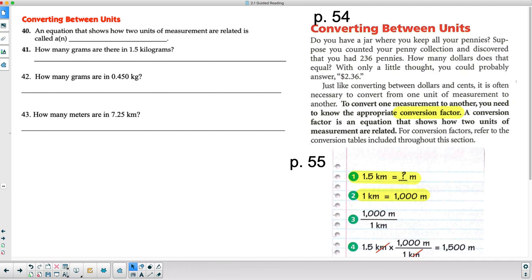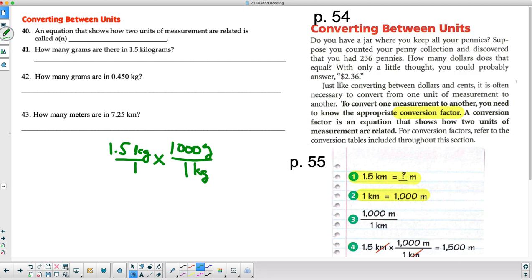So that means over here that if I have 1.5 kilograms over 1, times 1,000 grams for 1 kilogram, because 1 kilogram equals 1,000 grams. Okay, that means that I have 1,000 times 1.5 is that number of grams.